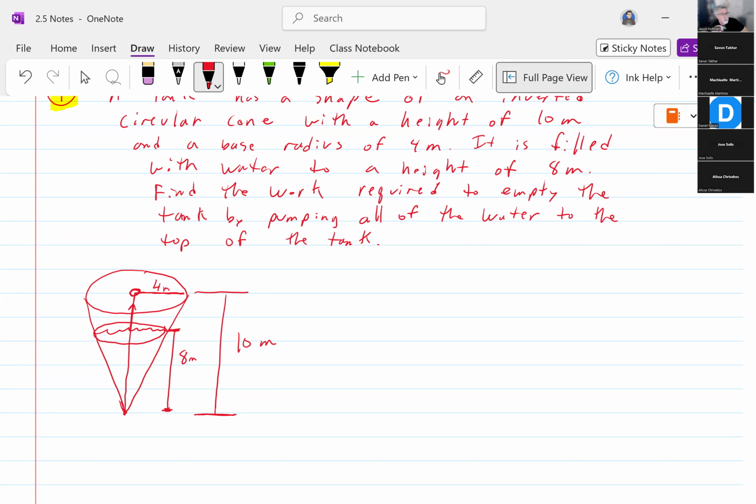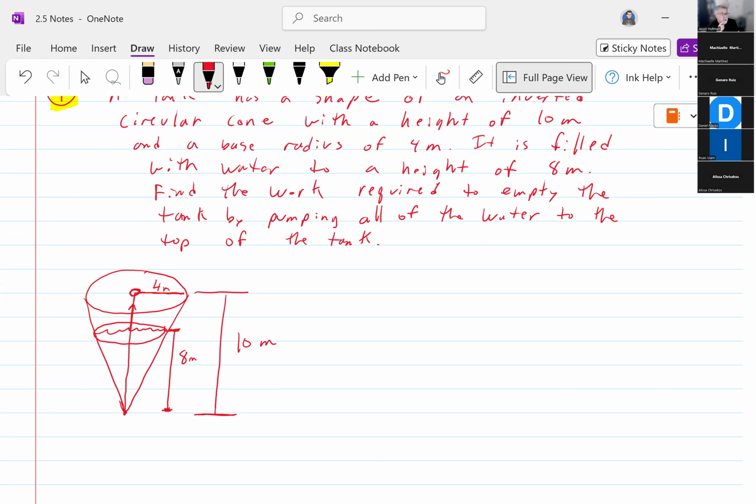But what happens as we take more and more water out? What happens to the water level? It decreases, which makes the distance I have to travel do what? Increase. Right?